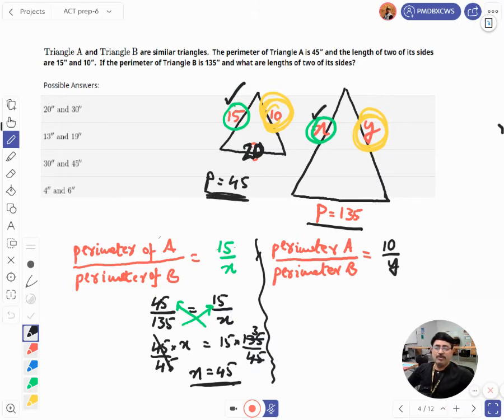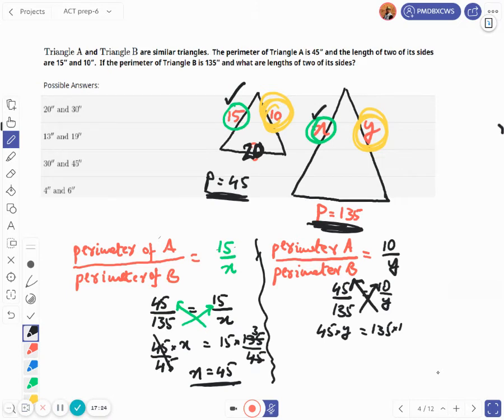Now the perimeter values: 45 over the second triangle perimeter, 135, equals 10 over y. We go for cross multiplication. So 45 times y equals 135 times 10. Then you know what to do. Division by 45, division by 45. So the value of y is 3 times 10, 30. So this is how we compute this.